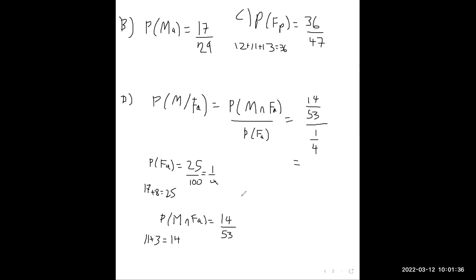What is the probability of a male student given that they failed? Might be 14 out of 25, as in who were male out of who was failing. All right, the wording here is bland.